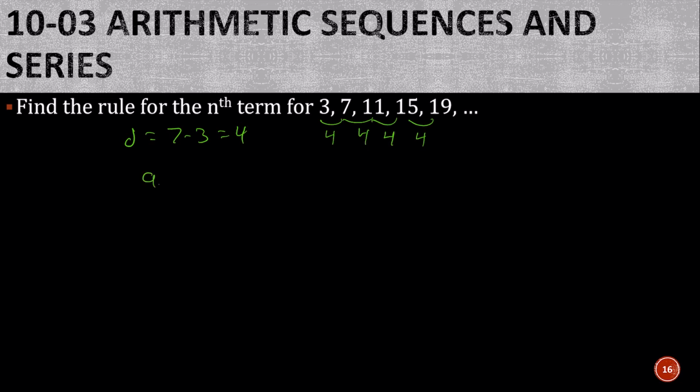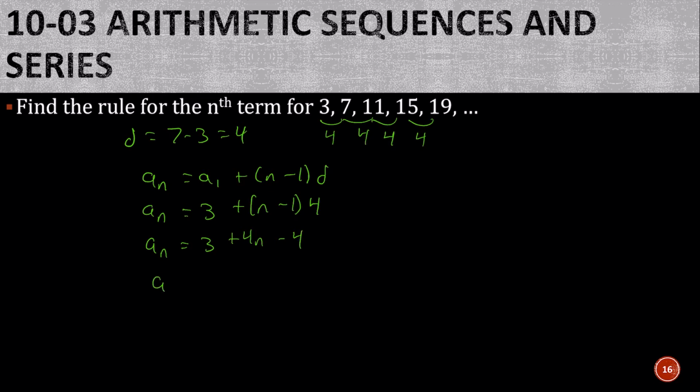So we could say a_n equals a_1 plus n minus 1 times d. a_1 is 3, and d is 4. So distribute, that'd be 4n minus 4, and combine like terms, it will be 4n minus 1.